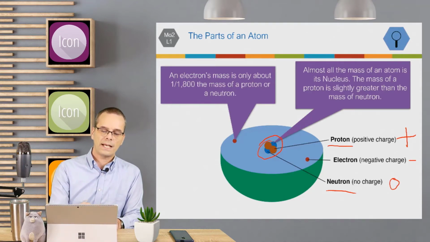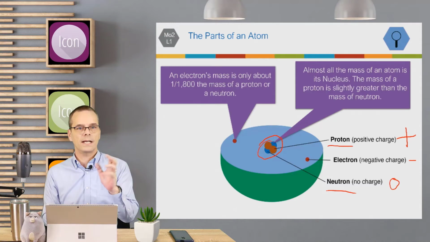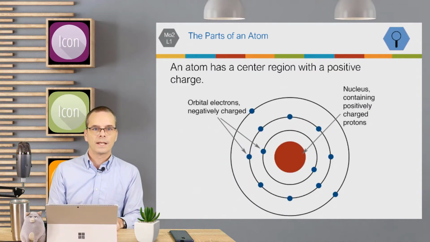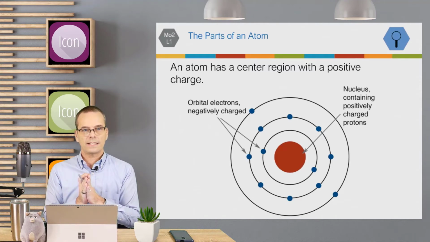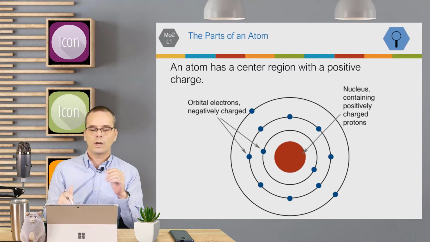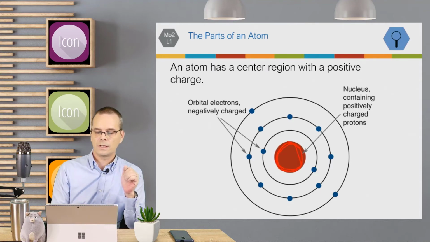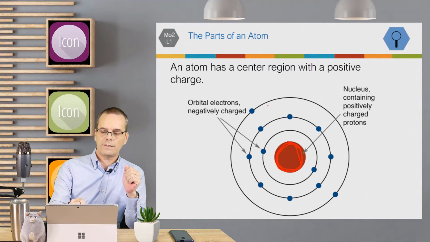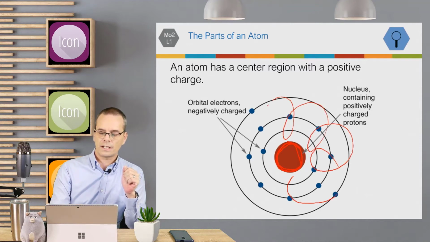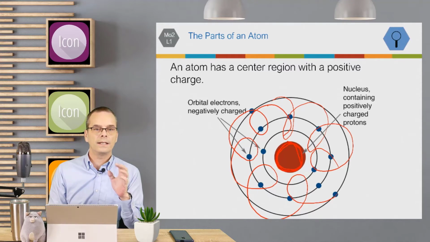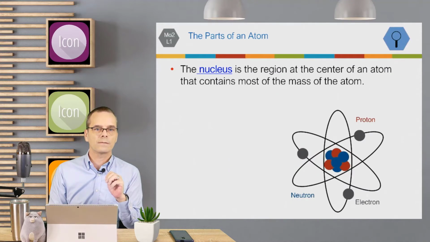An electron's mass is only about 1 in 1,800 of the mass of a proton or neutron. An atom has a center region with all this positive charge, right? Where all these protons are located, and the neutron. And outside of this, you have this electron cloud area, and this is where all the negatively charged electrons are.